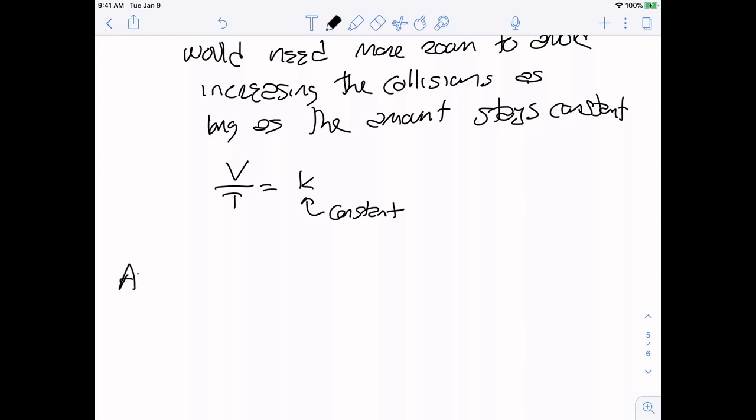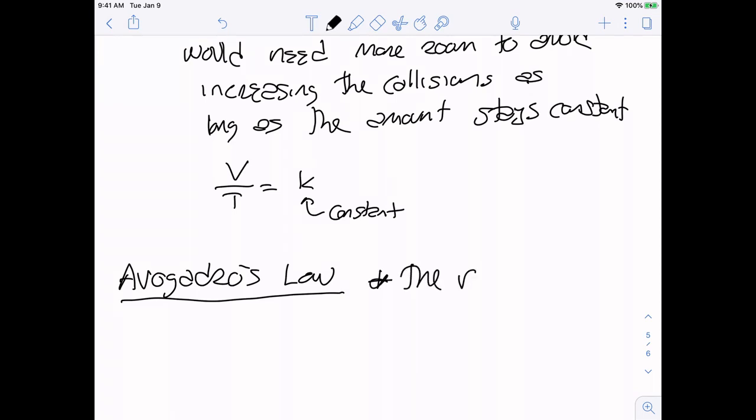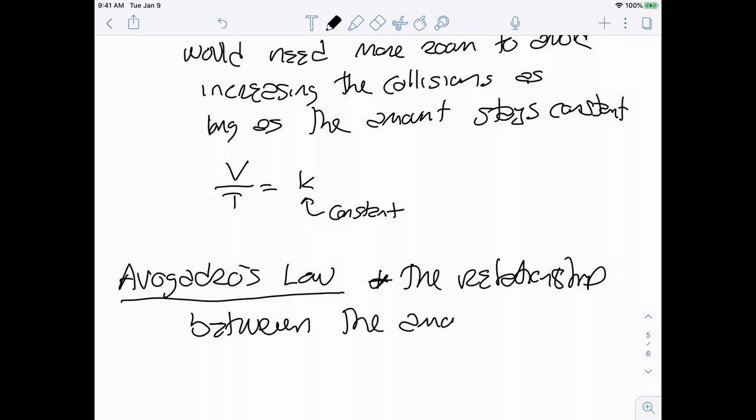Avogadro's law is our third individual law. And Avogadro's law is the relationship between volume and amount. So the relationship between the amount of gas, which was N, and the volume.